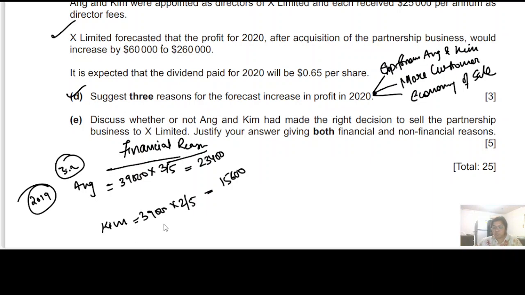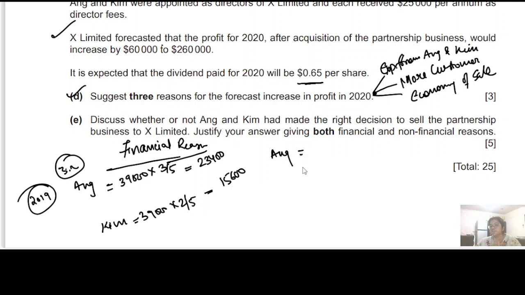Now what happened: there is some dividend also if they join that firm. There were 50,000 ordinary shares, and the dividend paid on that is 0.65.